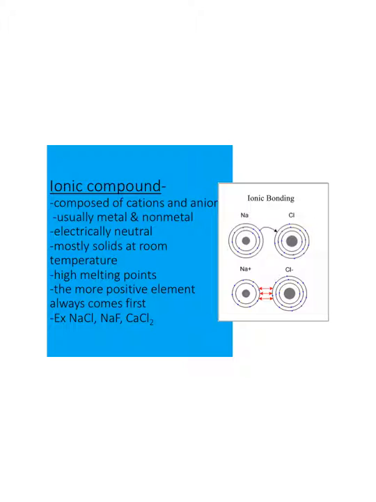All right, so you heard me mention ionic compounds. Obviously, what we're going to do is we're going to have a cation, a positively charged ion, and an anion, a negatively charged ion, coming together to make a compound. Now, in most cases, like 99.9% of the cases, it's going to be a metal bonding with a nonmetal, okay?